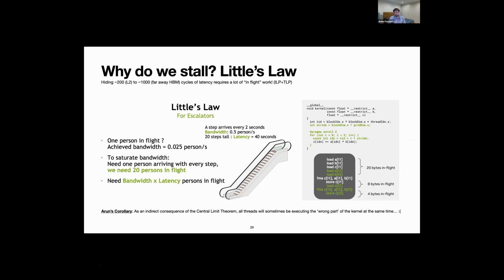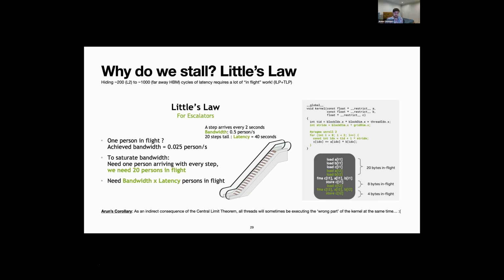This is a side note that's really important to think about for performance analysis. NVIDIA really likes talking about Little's law, and I think it's a very good high-level concept. It comes originally from industrial modeling of the rates of factories and things like that. In order to hide the latency, like the length of the supply chain, you need a certain amount of things happening in parallel to achieve peak throughput.